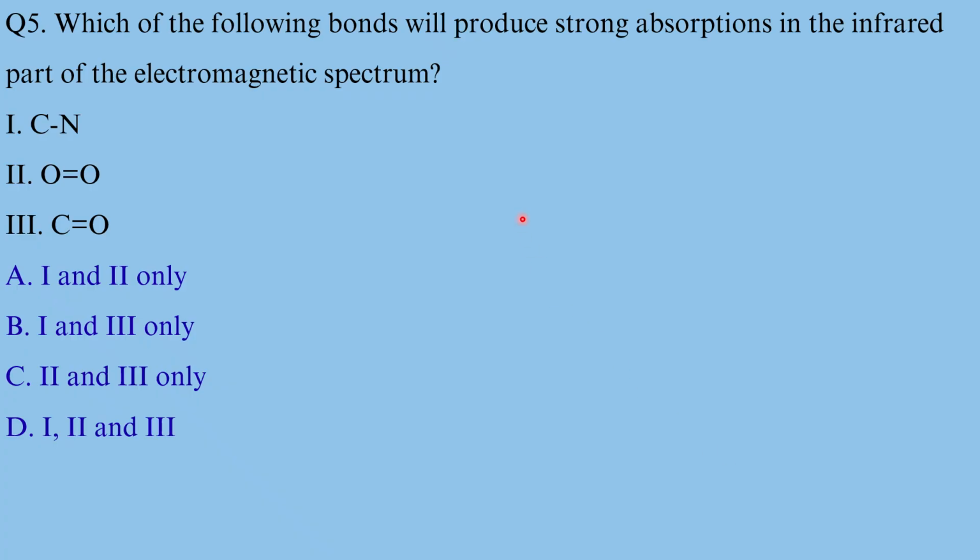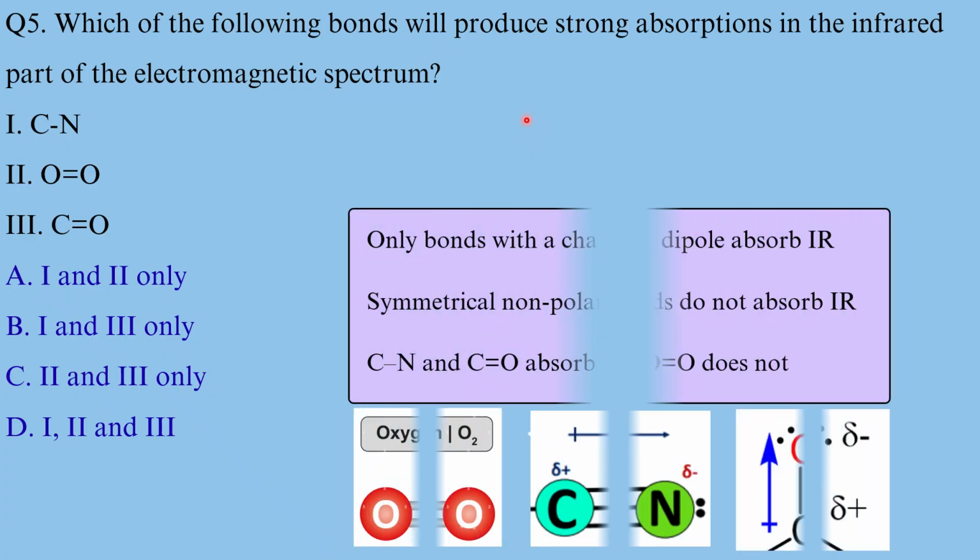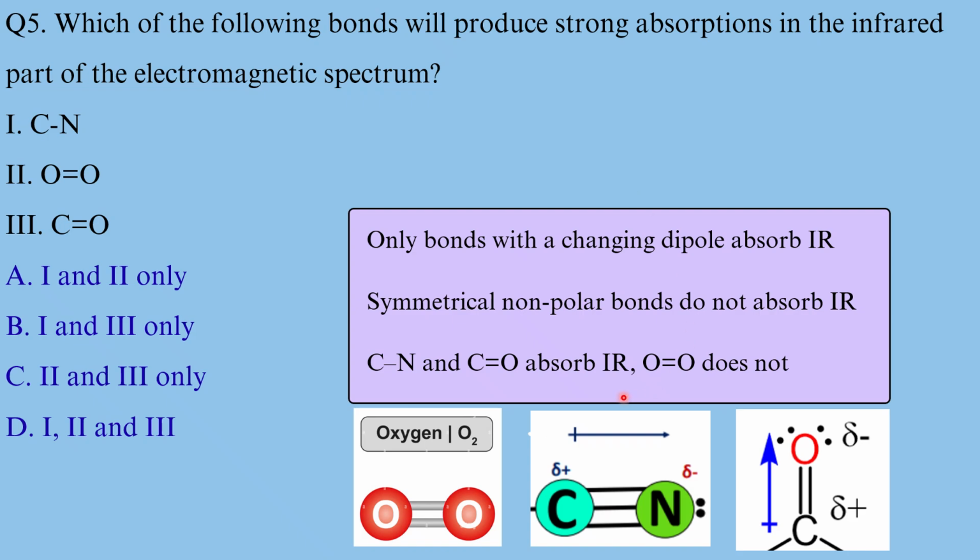Now the next question is, which of the following bonds will produce the stronger absorption in the infrared part of the electromagnetic spectrum? This is a very easy question. You should know only one thing: whenever we talk about IR absorption, only those bonds which have a changing dipole show IR absorption.